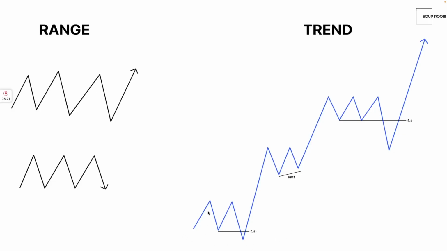In a range like this one, bullish for example, like I mentioned before, we are rejecting lows, turtle soup, breaking through highs. We reject the low and break through the high that rejected the low.